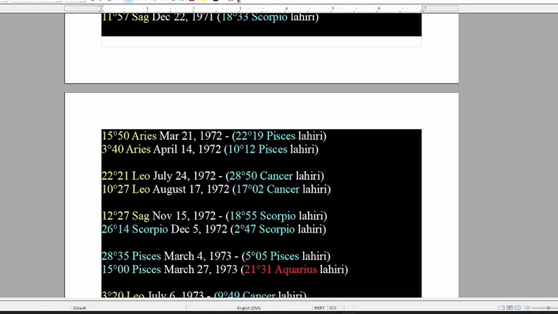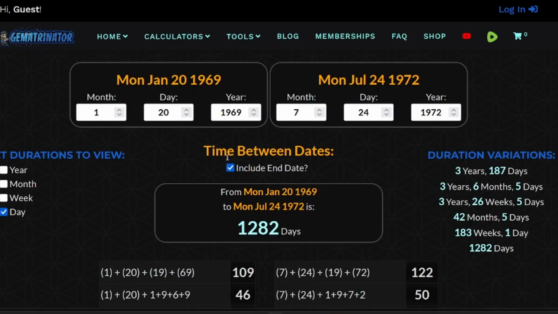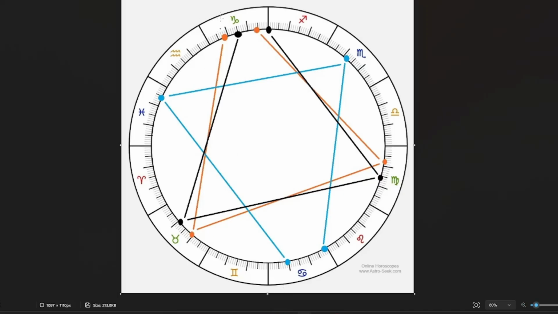That's when it's at 28 degrees, 50 minutes of Cancer, right here. And this is 1282, 1283 days. This is 3 years and 6 months, 3.5 years. So it goes from one side to the other side every 3.5 years.